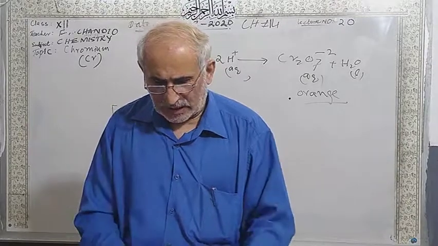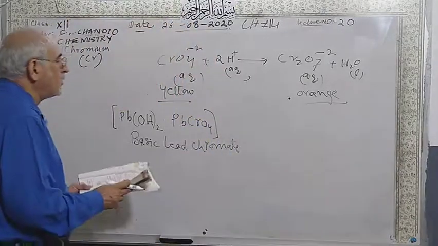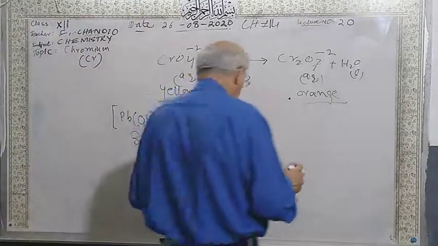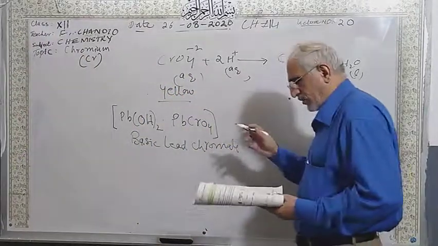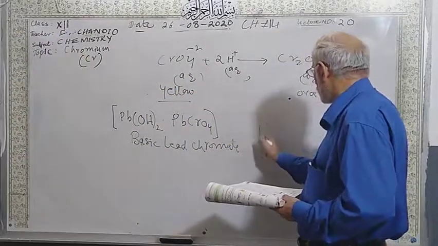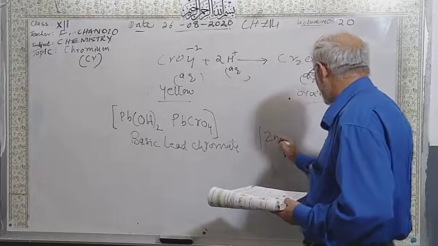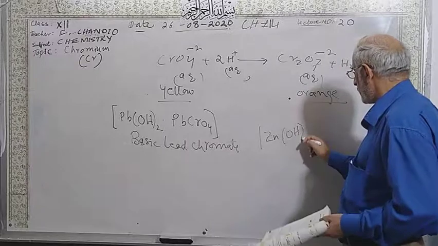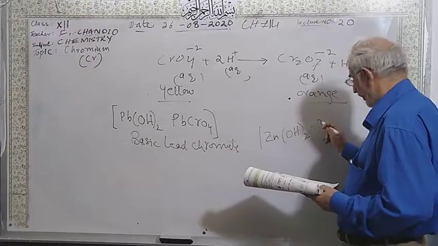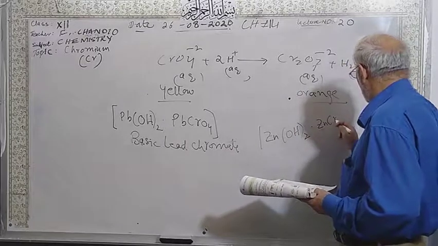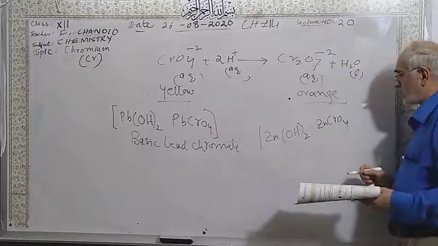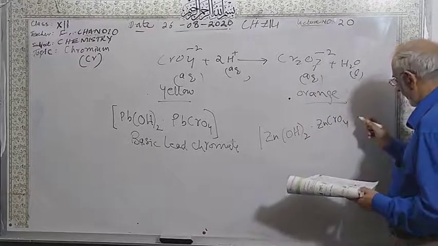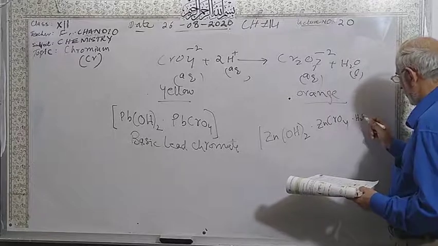Basic zinc chromate is also there. These are some compounds you can get from the earth; they also form naturally. So basic zinc chromate is zinc hydroxide and zinc chromate with one water molecule.